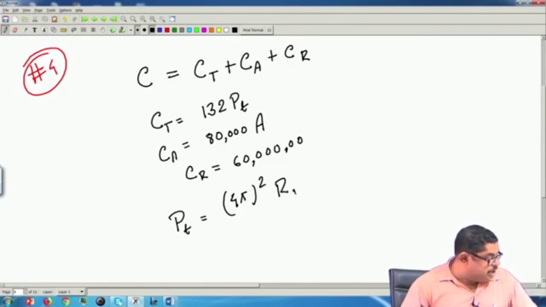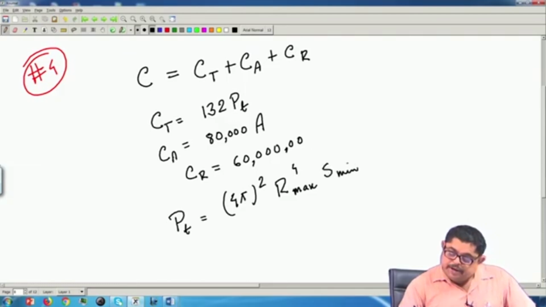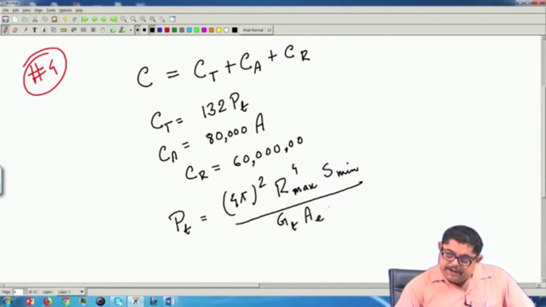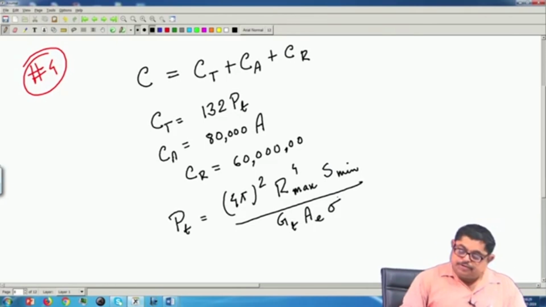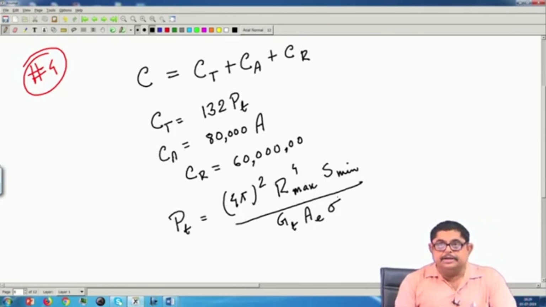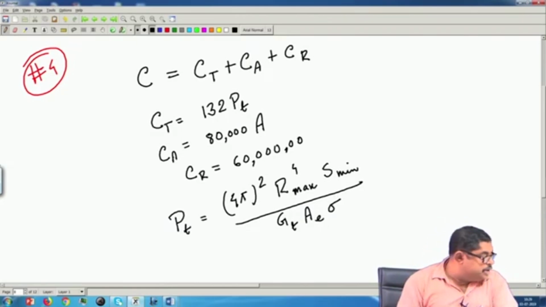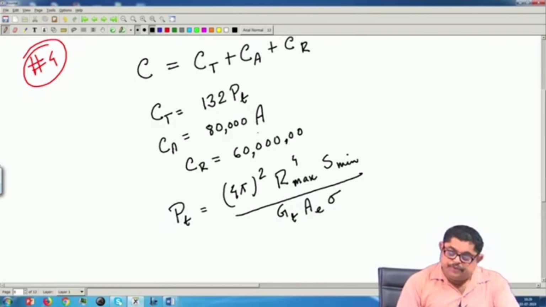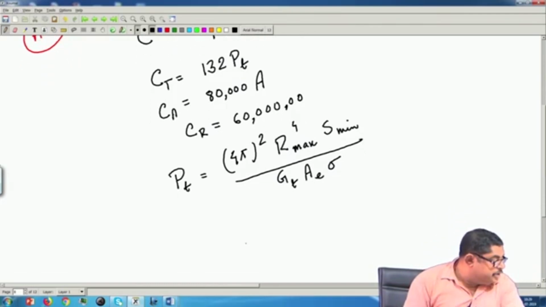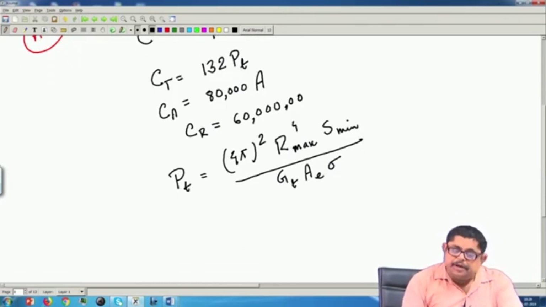So, let us connect to R max, whole to the power 4, S min, then GT AE sigma. So, you see deliberately I have taken this AE in the receiving antenna portion, because it will be then related to this physical area of the antenna. Now, what is now GT is not said in the problem, but area of the problem will come out.